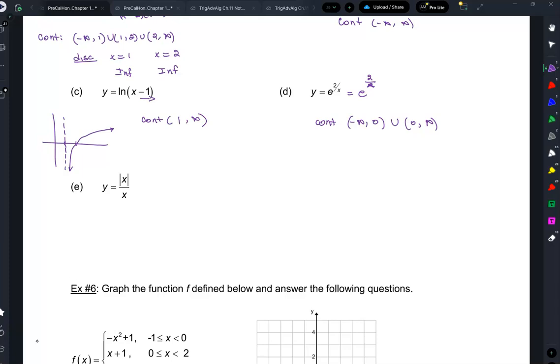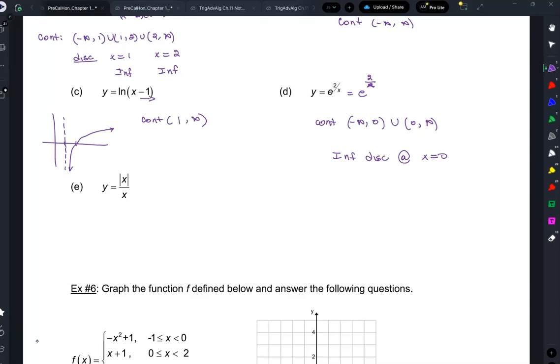And even though it's e to the power of something, it's like in the denominator, right, it'll be an infinite discontinuity, right? So infinite discontinuity at x equals 0. Yeah.